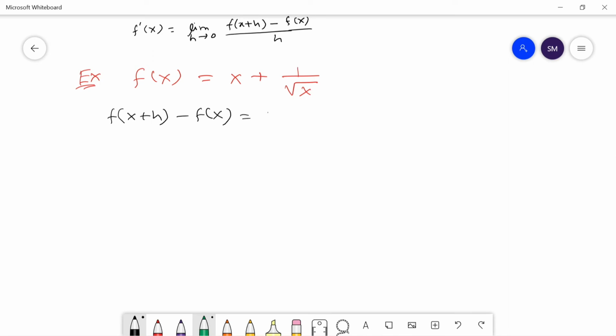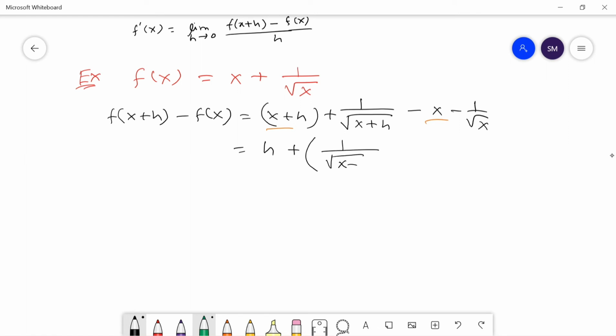This is equal to x plus h plus 1 over square root of x plus h, minus x, minus 1 over square root of x. So if you combine these two, then you will get h plus, here you have 1 over square root of x plus h minus 1 over square root of x.